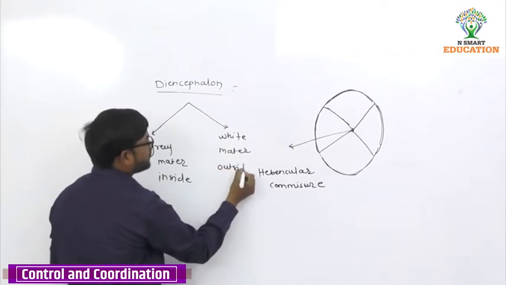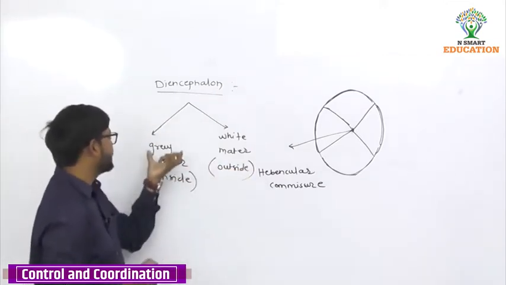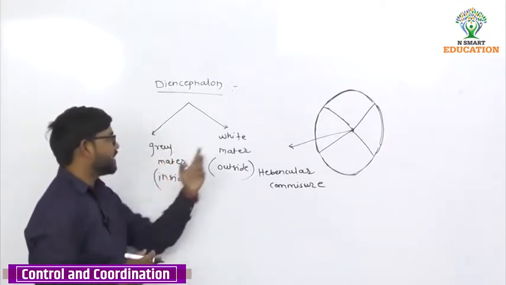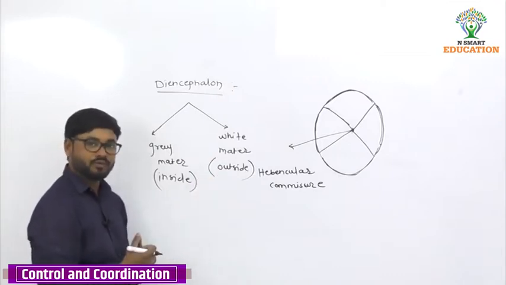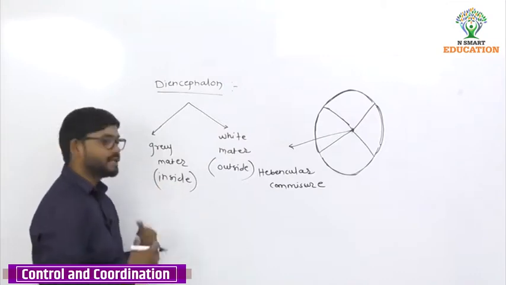Very important. So inside the diencephalon two matters are present: one is gray matter and another is white matter. White matter belongs to the outside portion, and gray matter belongs to the inside portion.